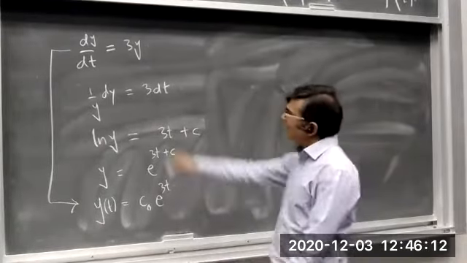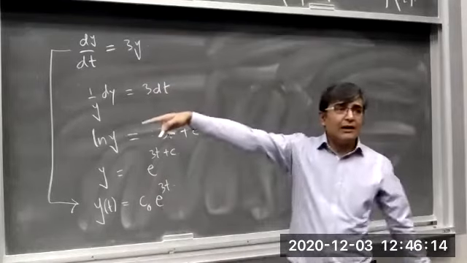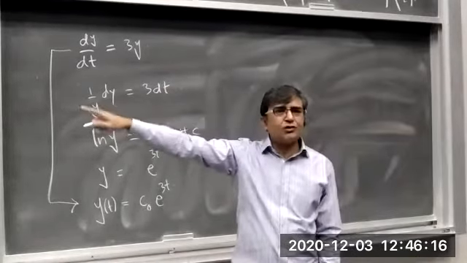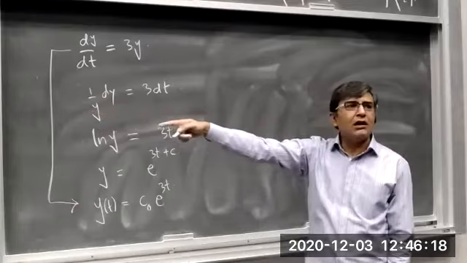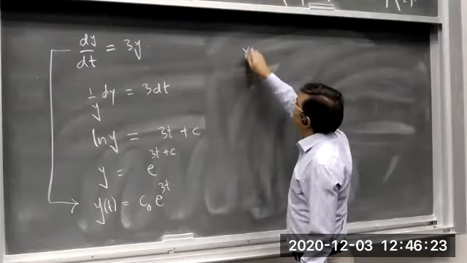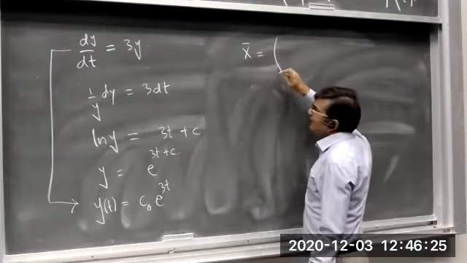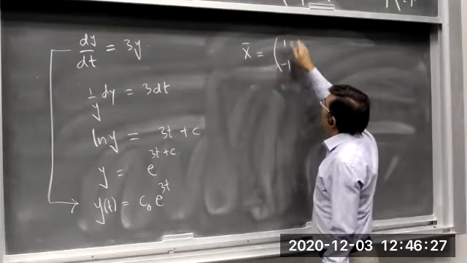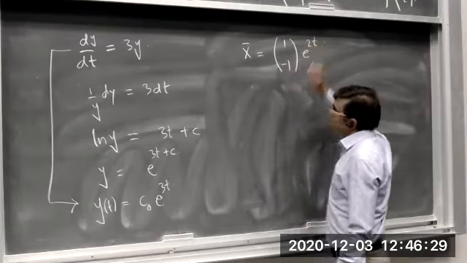If it is a single equation, then it is this. If we have a system of two equations, what type of solution will it be? In the example we just have seen, the solution is 1, minus 1 times e raised power 2t.